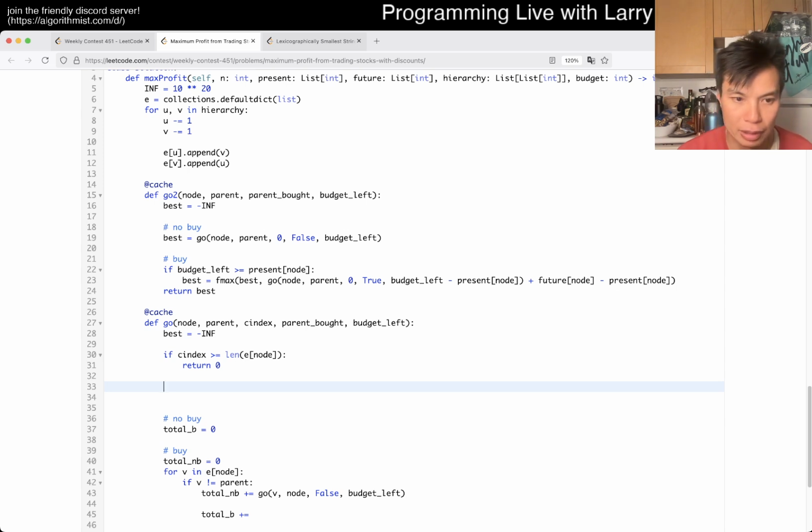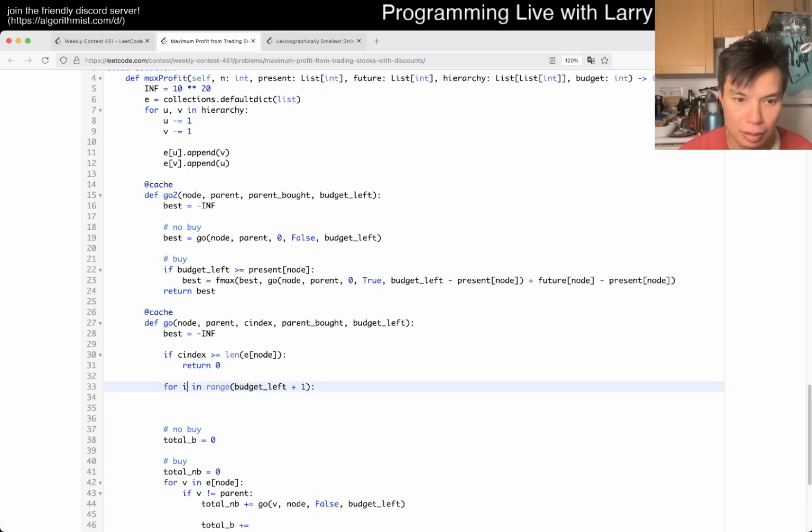I think that's the idea. I think that's why I wrote it in this weird way. Budget, right? Okay, then best. Basically, it means that we want to make the decision with this.